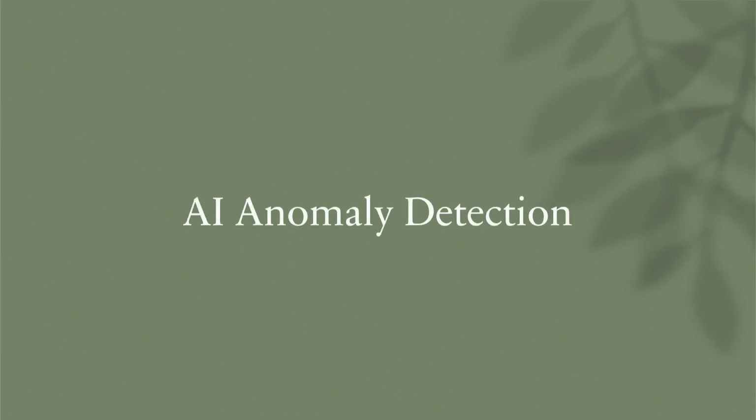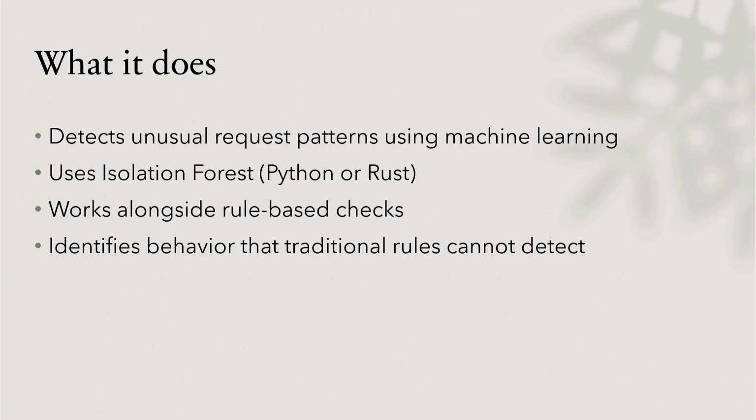Basically, now we are in the AI part. This is where the AI of AIWAF really is. In this case, we use an isolation forest, and right now I'm switching it to Rust as well. It works great because I'm trying to make sure I can port the same logic to JS, and creating an isolation forest in JS is very hard.